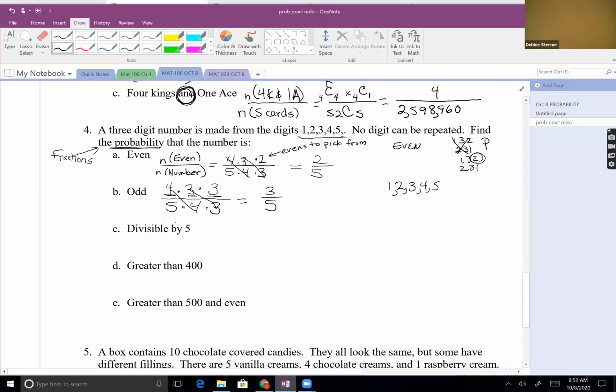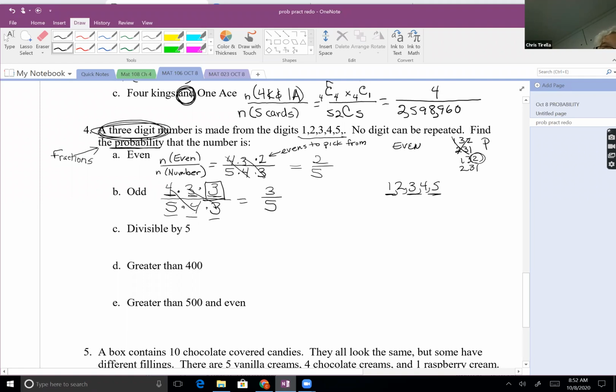Yes, and it only goes to 3 because I'm making a 3-digit number. All of these only go to 3 because I'm making a 3-digit number. Now, if it has to be odd, I have 3 odd numbers. And so in this last position, it can either be the 1, the 3, or the 5.